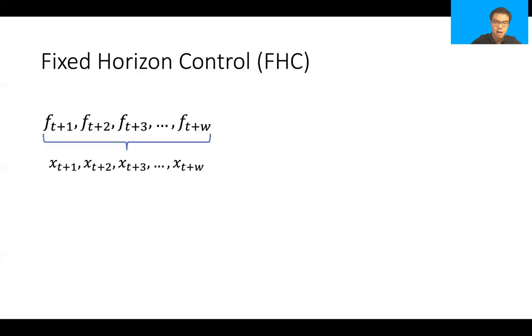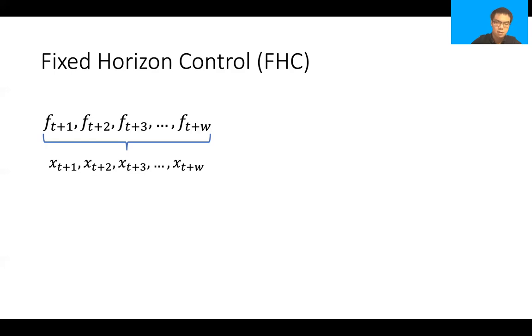Before introducing our algorithm, I'm going to introduce a similar approach, which is proposed in some previous works, and it is an important benchmark in the literature of online optimization with predictions. This is called fixed horizon control.